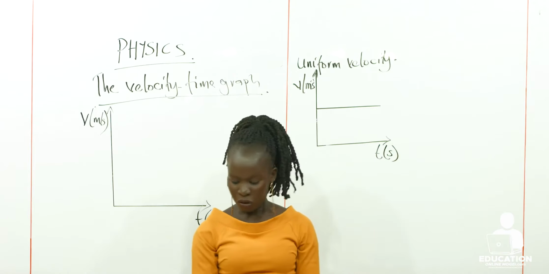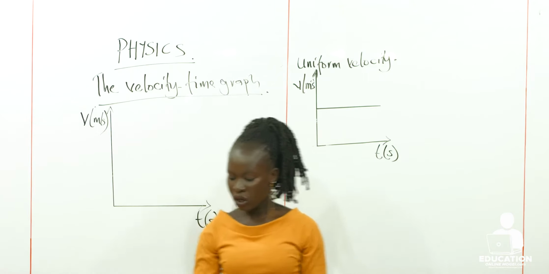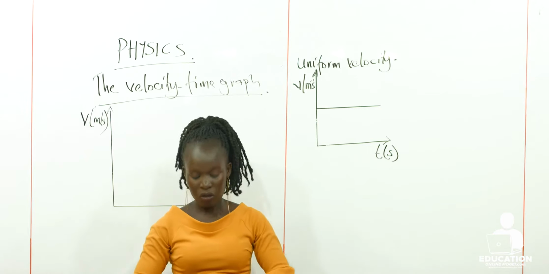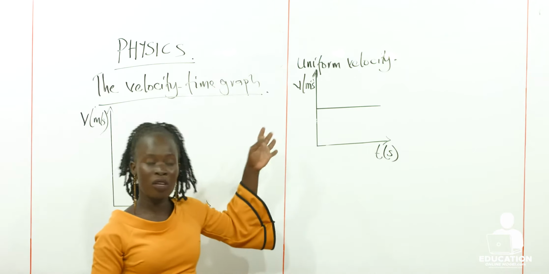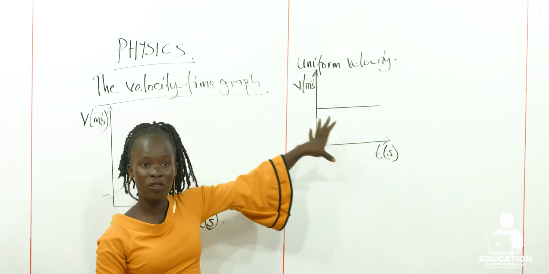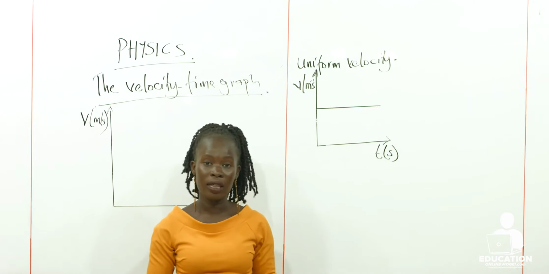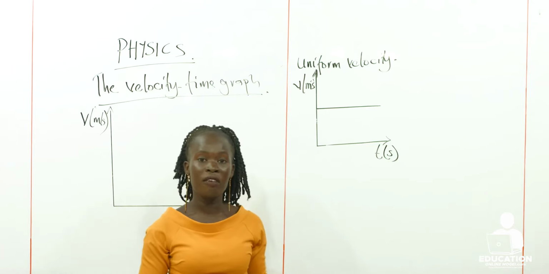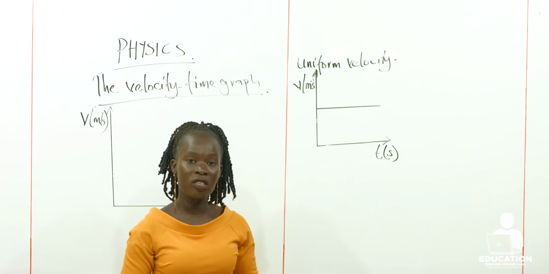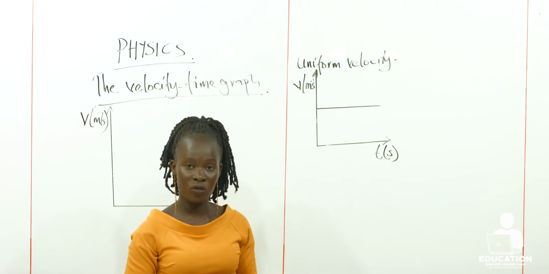When a body is moving with a uniform velocity, what actually happens? When the body has attained that uniform velocity, the initial velocity the body started the journey with is equal to the final velocity, the velocity the body is going to come to rest with.